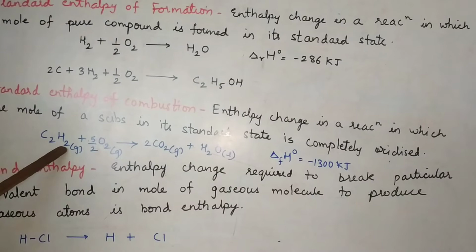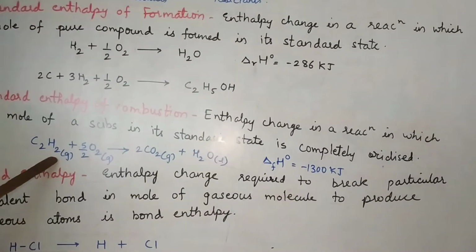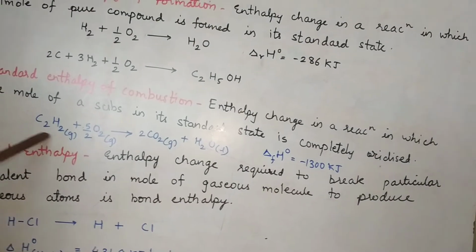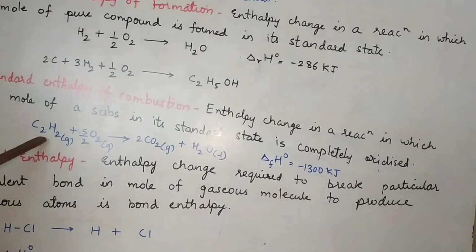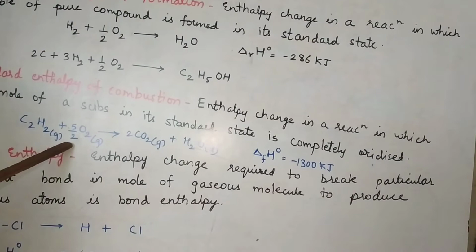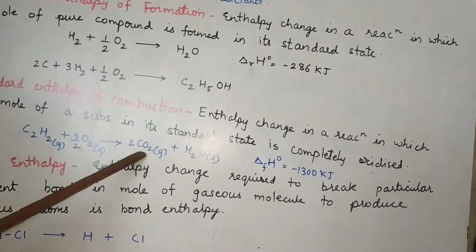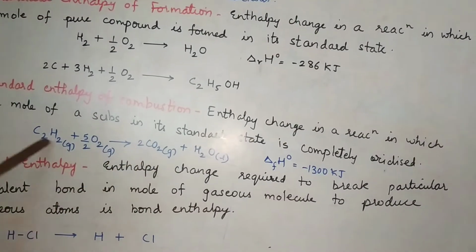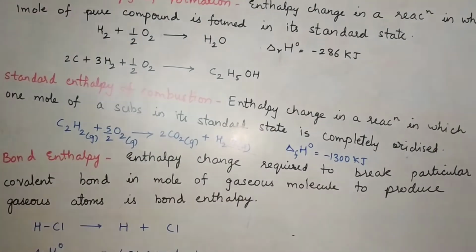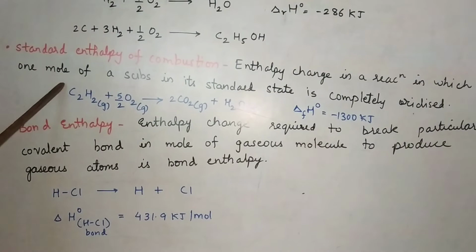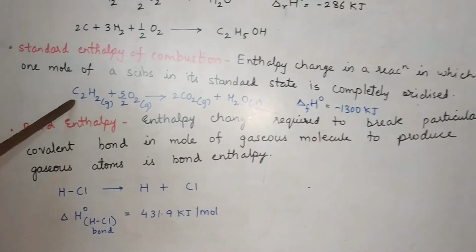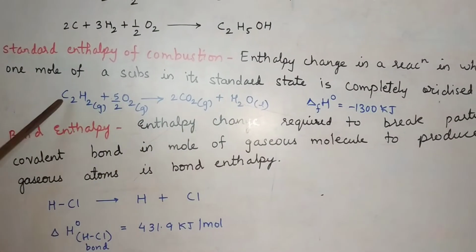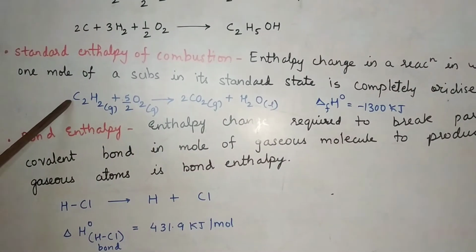So C2H2, this is acetylene, ethine, acetylene reacting with oxygen forming CO2 and H2O. So in the reaction of combustion you will find this is 1 mole of a substance. इथे काही नाहीये म्हणजे this is 1 mole. 1 mole of this acetylene is completely burning and forming CO2 and H2O. इथे दुसरा कुठला मोल यायला नको.